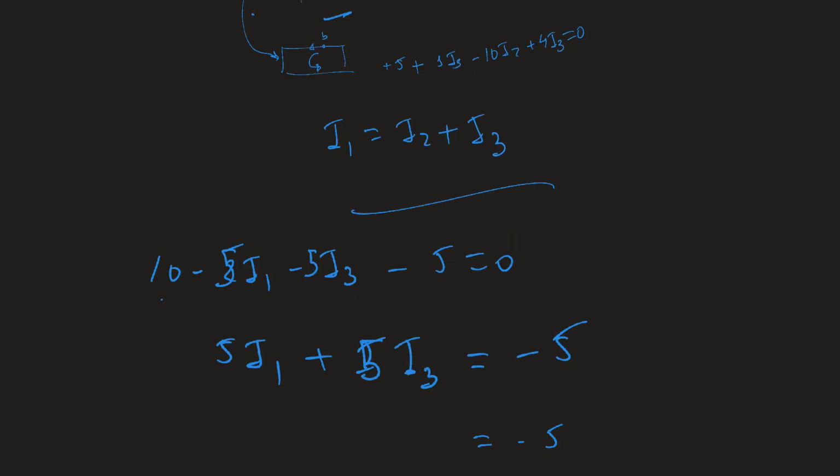And the second equation is for the second loop. The third equation is I1 equals I2 plus I3.